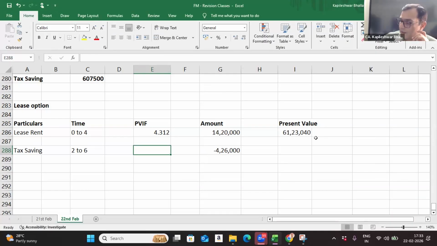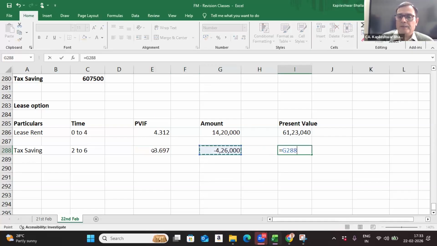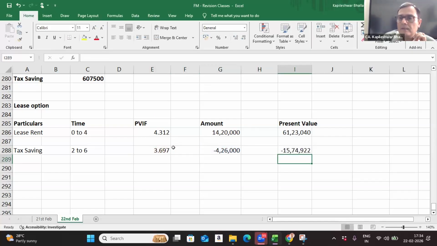So 1 to 6, that is 1, 2, 3, 4, 5, 6. 4.623, minus 0.926. So anybody is computing this? 3.697, is it? Yes, 3.697. So we take the present value of this and we can get the total outflows.